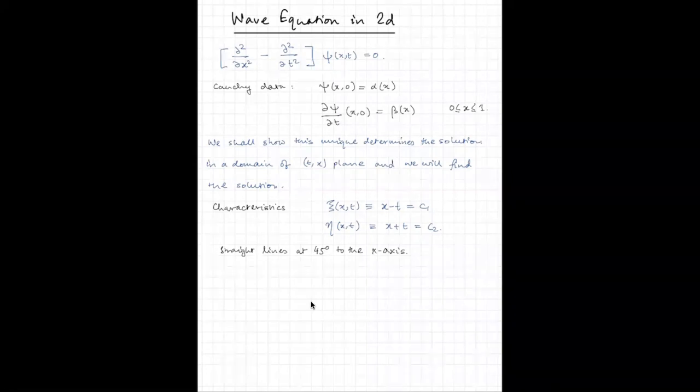Okay, so let's write this down. Open hypersurfaces, say 0 less than x less than 1, t equal to 0, are never parallel to the characteristic at any point.